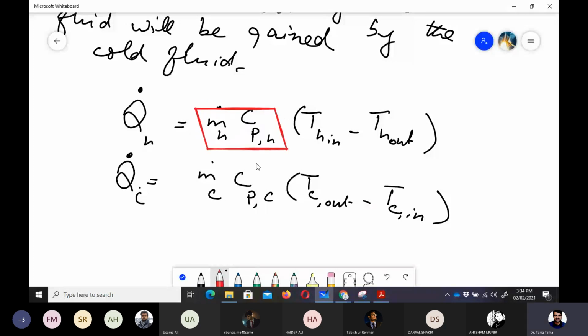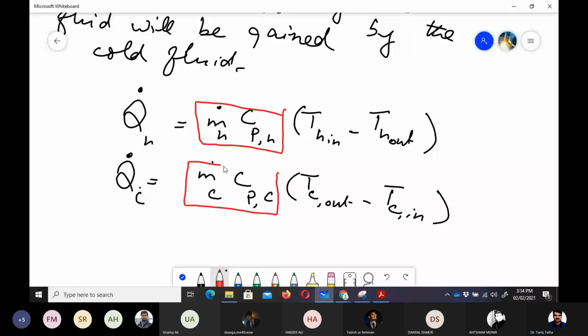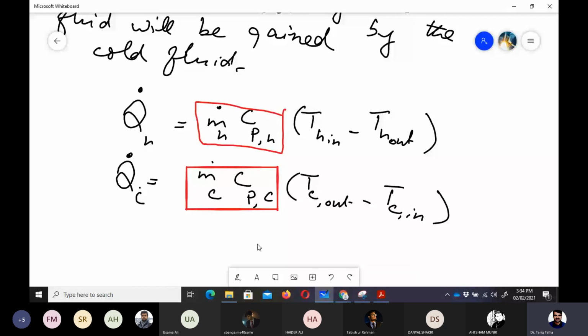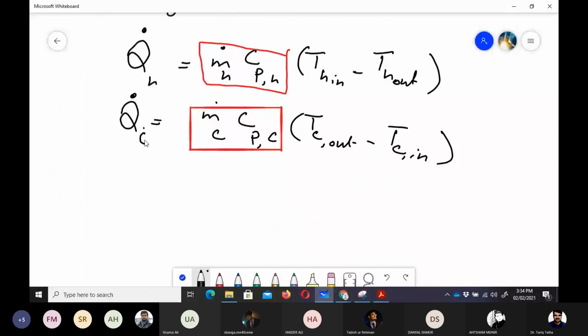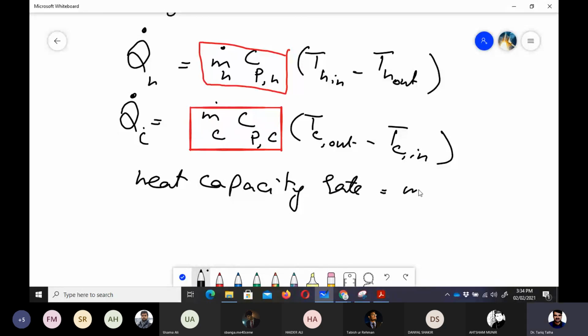and then this temperature change is dependent on this. So these two quantities are called heat capacity rates. I write it as heat capacity rate, that is the product of m dot into c.